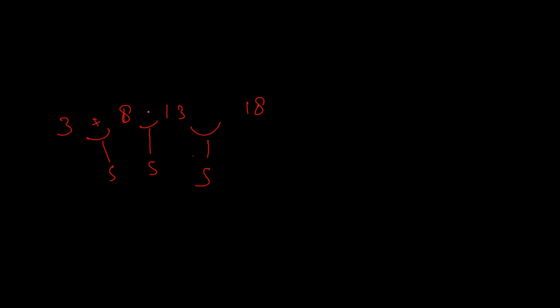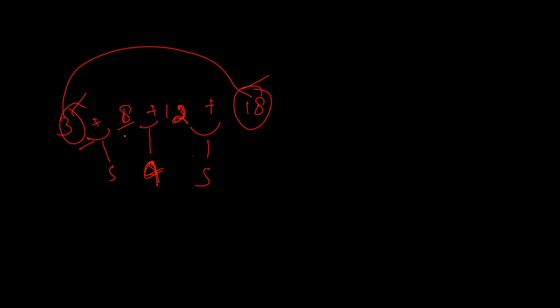So I don't have to add all these numbers. You just have to add 3 and 18 and then divide by 2. But if the difference is 4, you cannot directly add the first and last. You have to add all of these numbers. I think it is clear now.